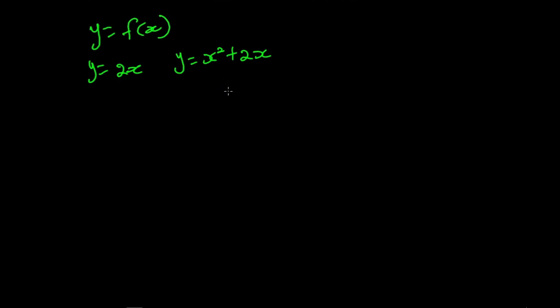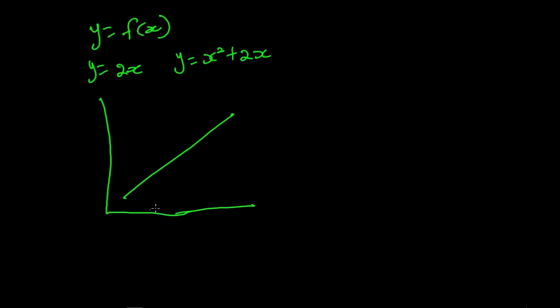So before we go into finding the slope of a straight line graph or a curve, it will be nice to know the meaning of a slope. The slope of a function is the increase in its y value per unit increase in its x value. For example, if we have a graph like this, the meaning of slope is the amount of increase it has in the y value per unit increase in the x value.